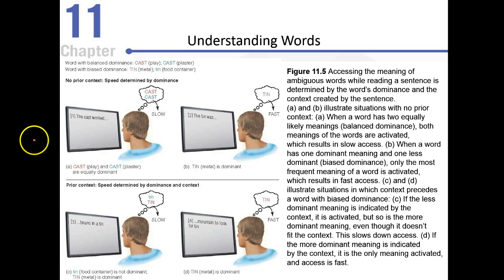And so in this first case right here, when there is no prior context, and remember we've stressed the importance of context, when there is no prior context, speed is determined by the word's dominance. When there is prior context, speed is determined by dominance and by context. These results suggest that how we access the meaning of a word is complicated and is influenced by many of the multiple factors that we've already talked about.